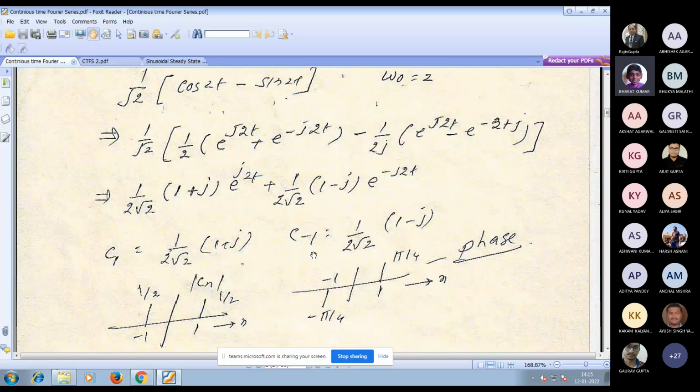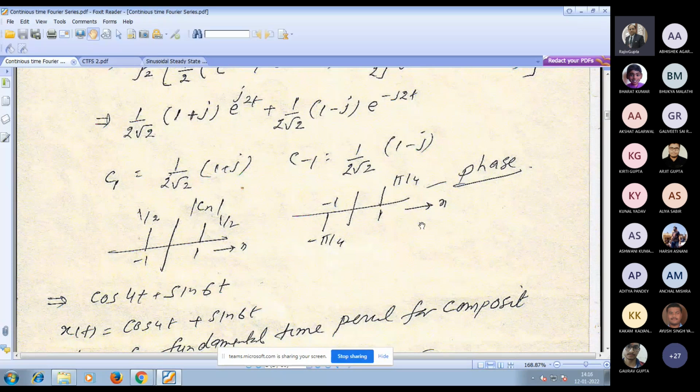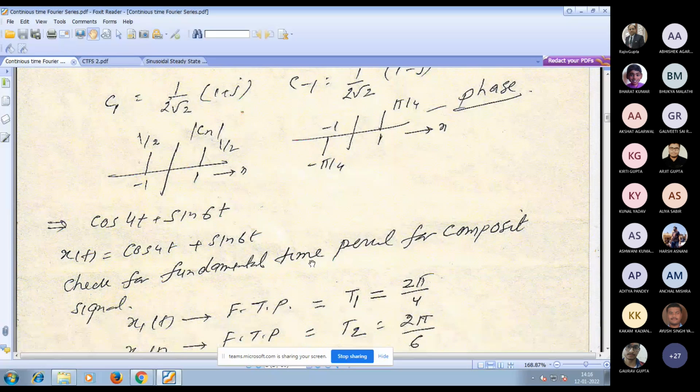Because of that minus j2t, n should be 1 for minus 1, because omega naught is 2. In the previous case, omega naught equals 1. So this is how you will be able to calculate the Fourier series coefficients.